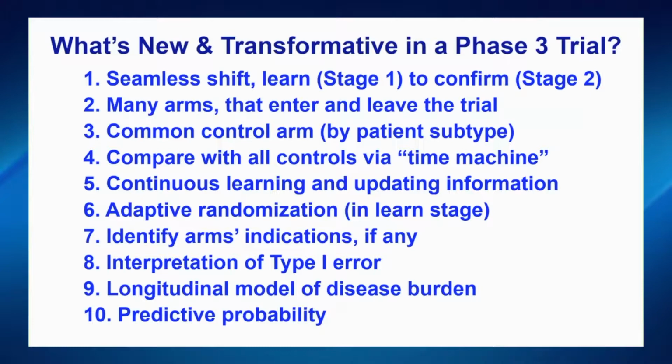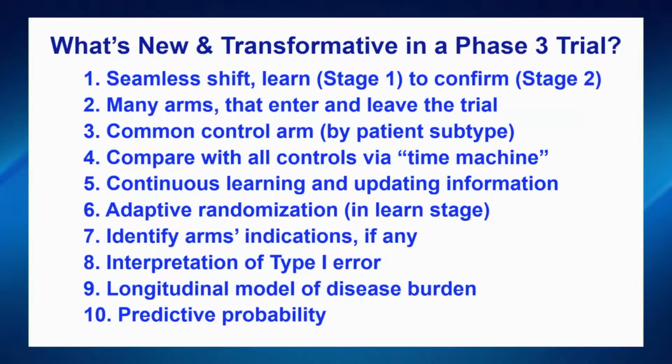The interpretation of type 1 error, when you've got biomarkers and you're trying to identify what is the subtype that the arm benefits, there are all kinds of different errors.